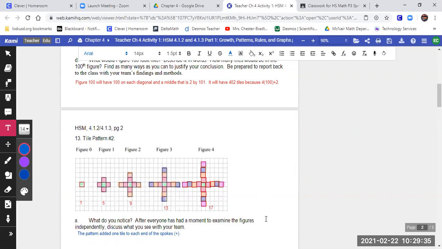What are we going to have on the leg of each plus sign? How many? Look at what it's doing. Figure 1 added 1, figure 2 added 2, figure 3 added 3. How many for figure 100?